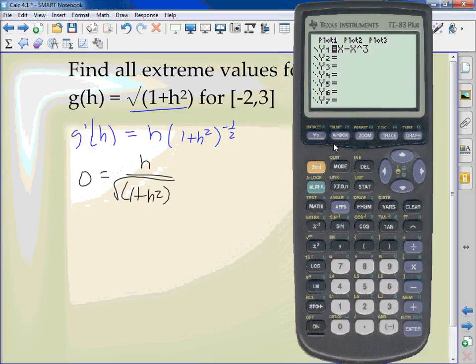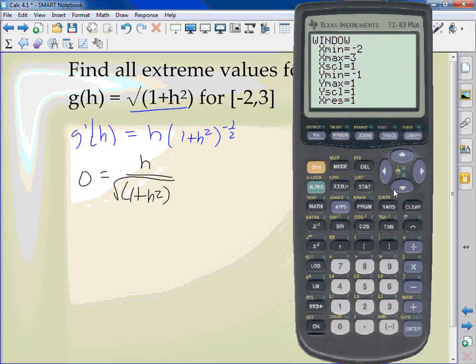I'm just going to show you what the graph looks like. Square root of 1 plus x squared. My window needs to be from negative 2 to 3. I don't see anything, right?